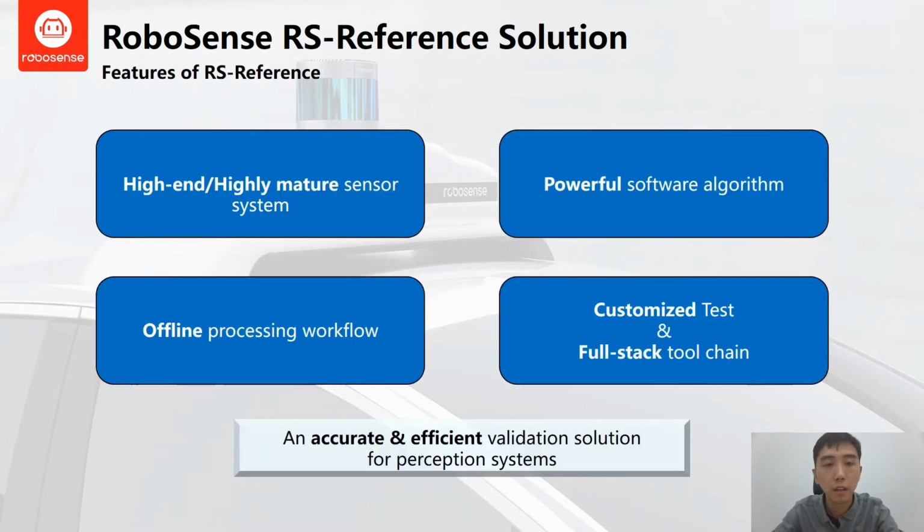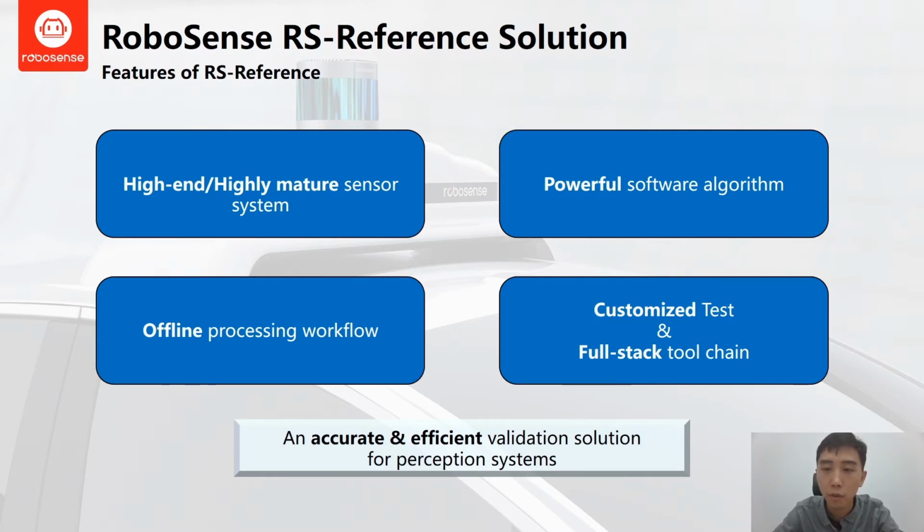Here are some features of the reference system. First, we use high-end and highly mature sensors to build this system, because we want to generate very accurate ground truth data. This is about the hardware part.